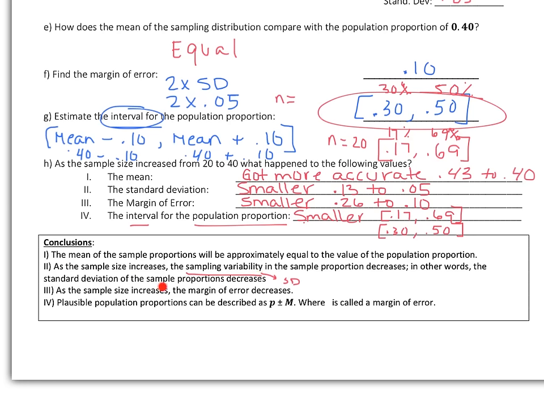So in other words, the standard deviation got smaller. Three, as the sample size increased, the margin of error decreased. You got closer and closer. And a plausible population proportion is your proportion plus or minus m, where m is your margin of error.